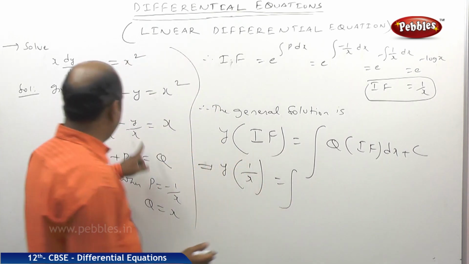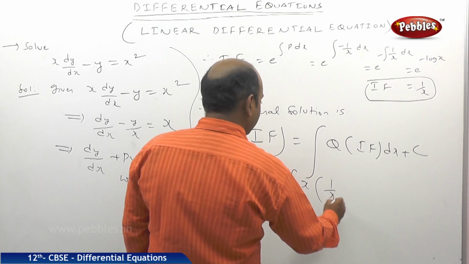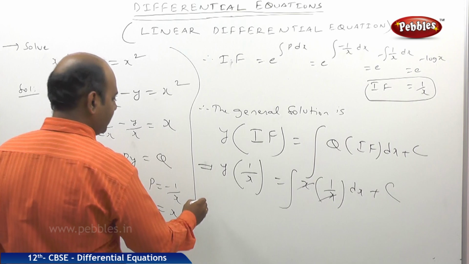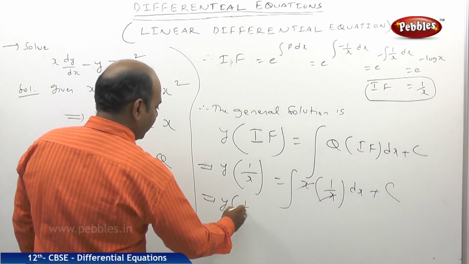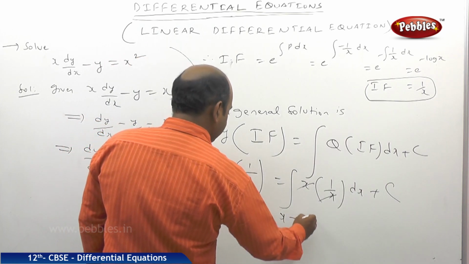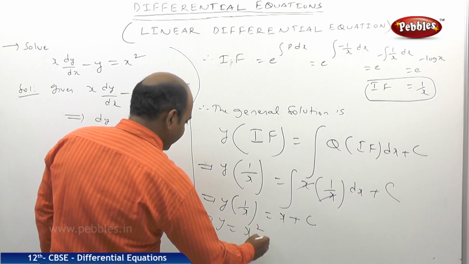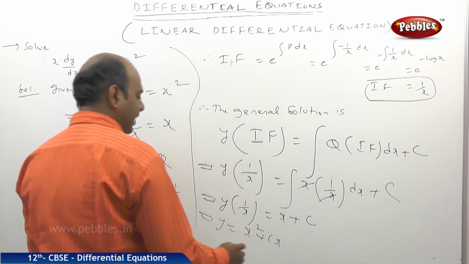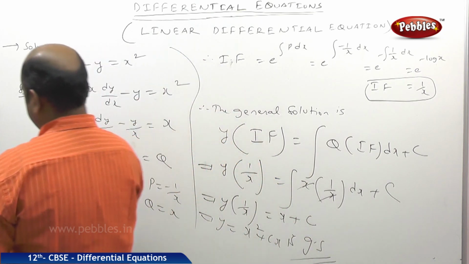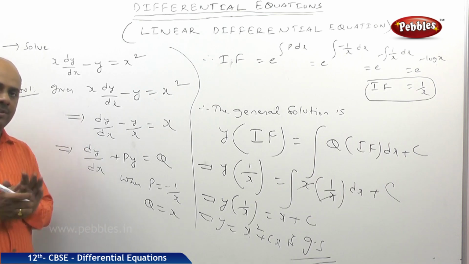What is q here? x into integrating factor, 1 by x, dx plus c. I think x will be getting cancelled. So finally y into 1 by x is equal to integral of dx, which will be x plus c. So finally y is equal to, x moving to that side, x square plus cx is the general solution for the given differential equation. I think you followed this.